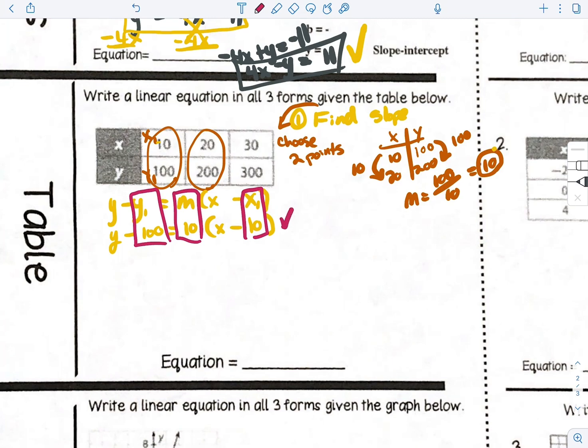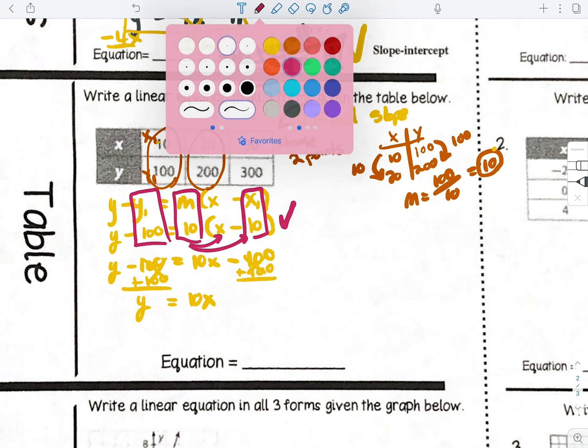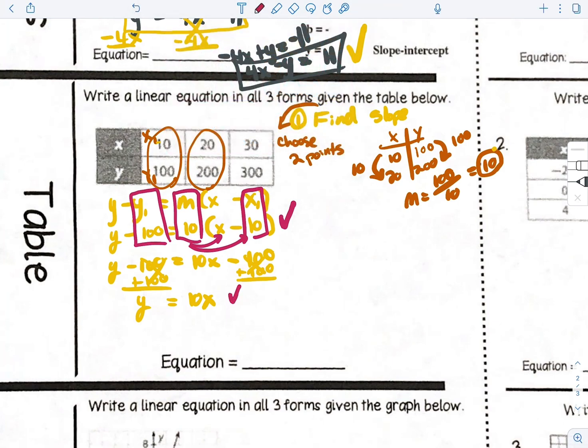From here, this is point slope form. If I want to put it into slope intercept form, don't forget we go ahead and distribute the 10 so that we're left with y minus 100 equals 10x minus 100. Add 100 to both sides. And we have y equals 10x. That's slope intercept.